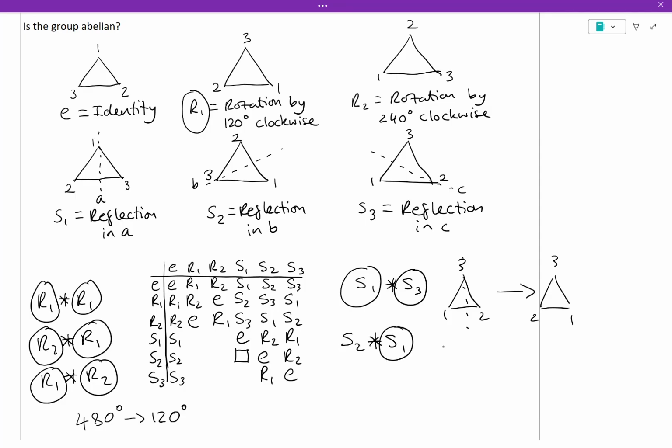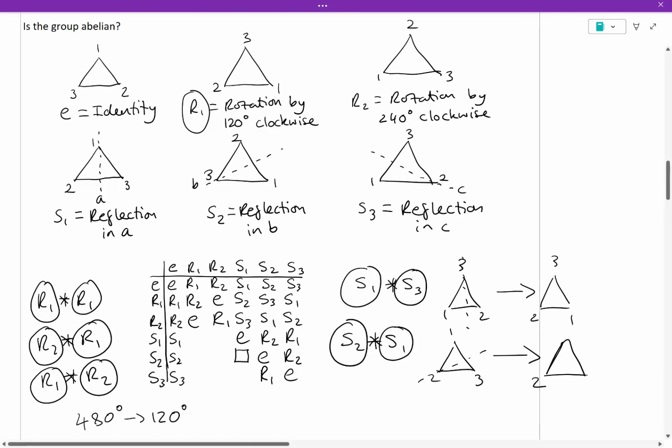So we're going to draw S1, 1, 2, 3. And then we're going to reflect in S2. So that would be this line. So the 2 stays where it is, and then the 1 and the 3 are going to switch. Okay, so if you look at my rotations, it's going to be R1, okay, which is what comes out. And then therefore we're going to have R2 at the bottom there.